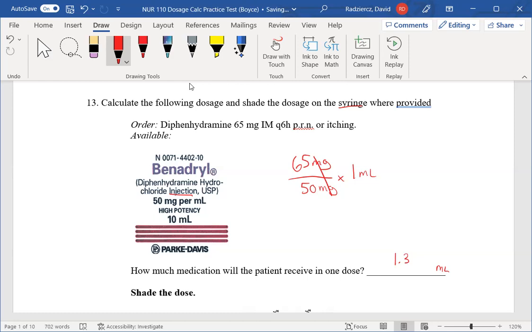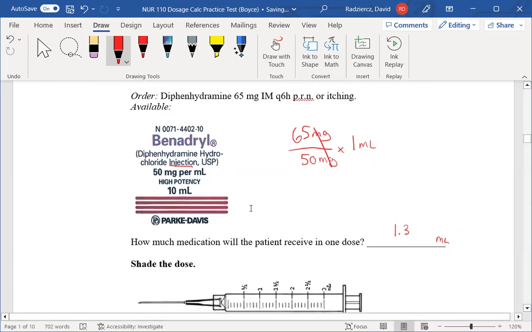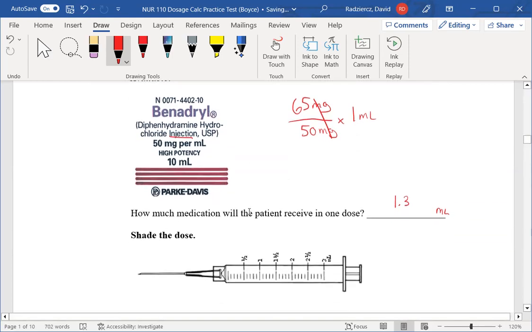I always forget if you guys are doing a Blackboard or paper test. If it's Blackboard, then you may not need to do this next step, which is marking the syringe. But if it's paper, you probably will. All I'm going to do is go onto my syringe, and first of all, confirm that these are all 0.1. So this is 1. This would be 1.1, 1.2, 1.3, 1.4, 1.5.